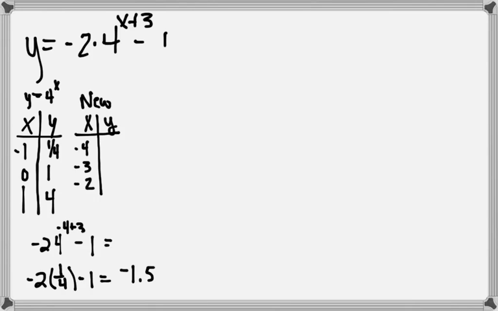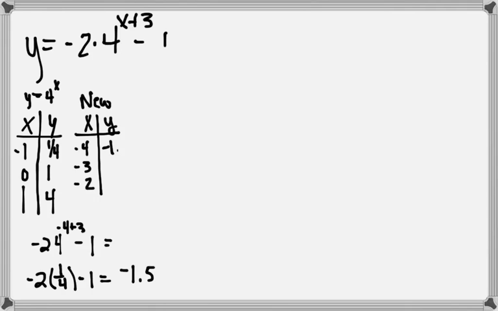And if I actually do the same thing, if I take my y coordinate, my 1/4, and I multiply by -2, and I subtract 1 from it, what do you think I'm going to get? I'm going to get -1.5.